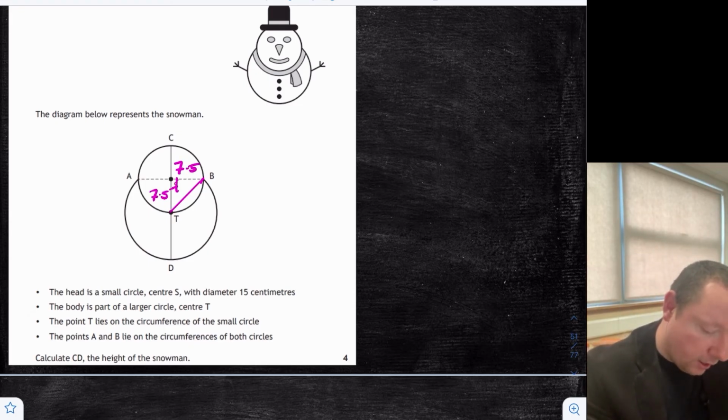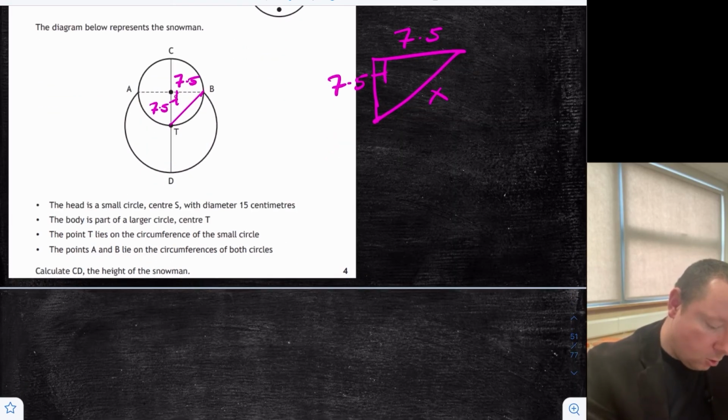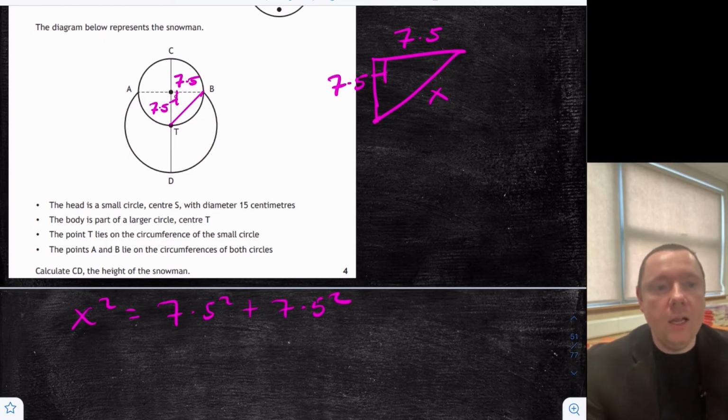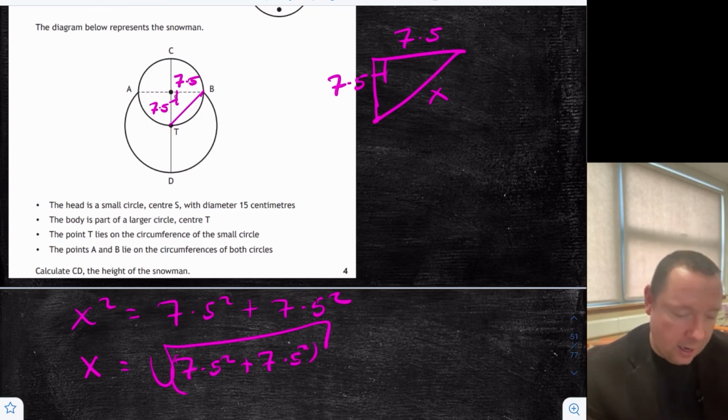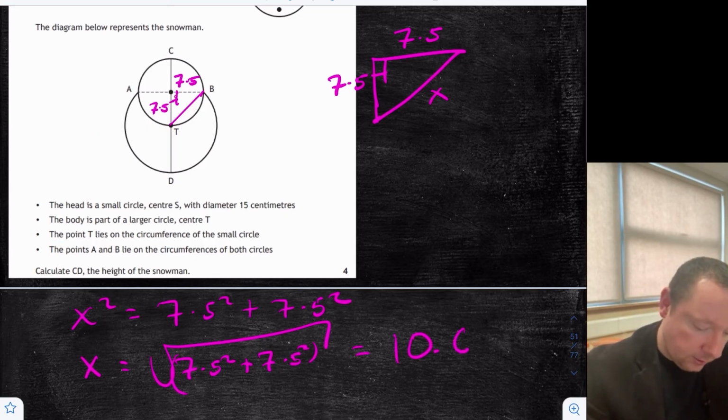So taking that outside of the circle, just to be clear, we have got 7.5 here and 7.5 here with a little x here. So x squared is 7.5 squared plus 7.5 squared. So that means that x equals the square root of 7.5 squared plus 7.5 squared, which we can calculate and then square root or just use brackets to get about 10.6.